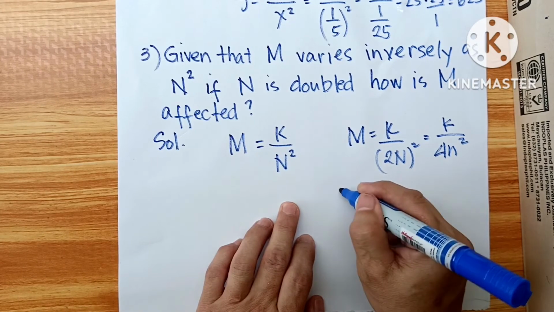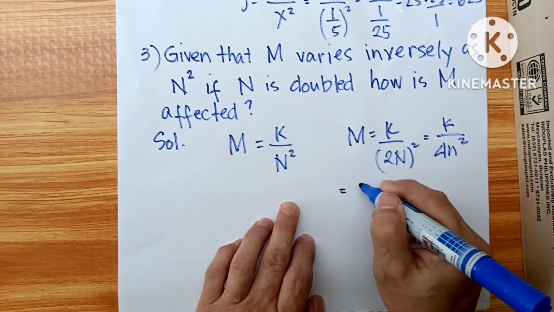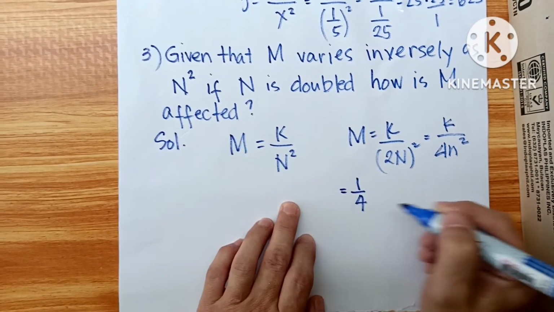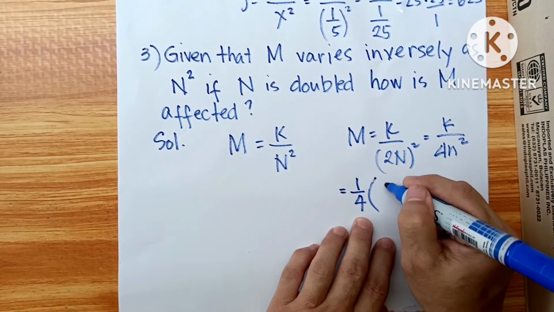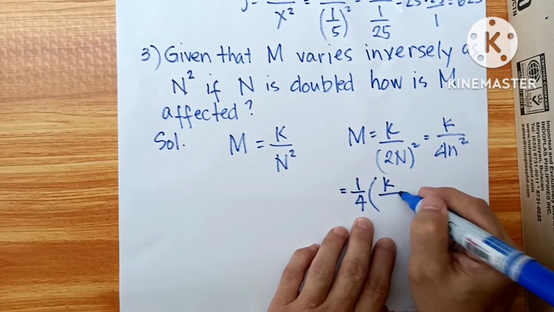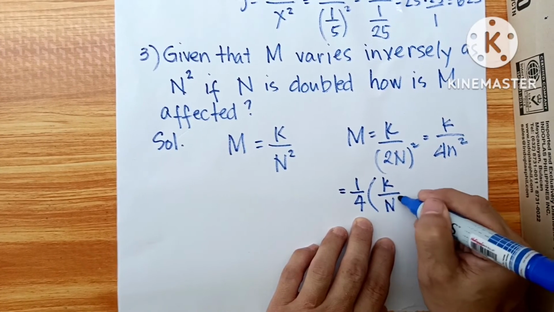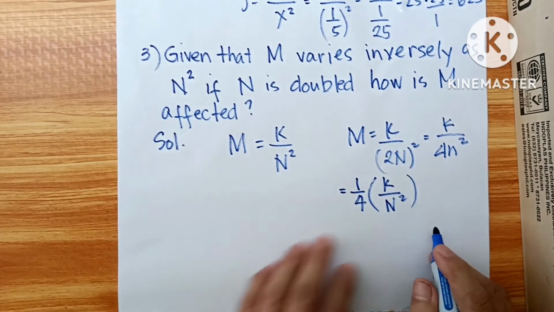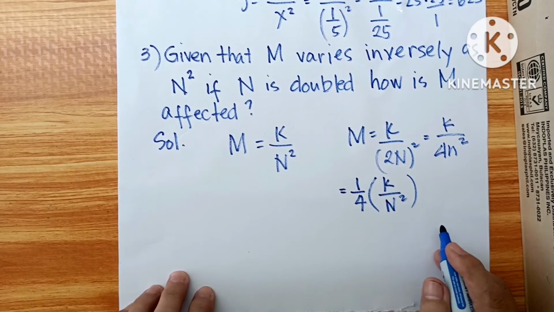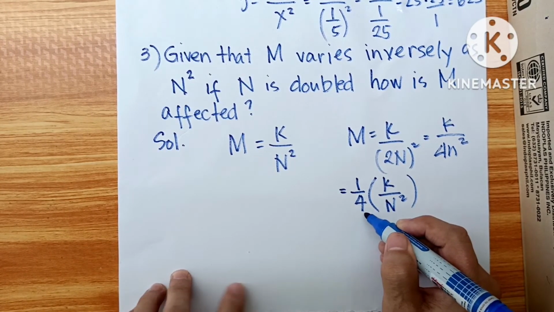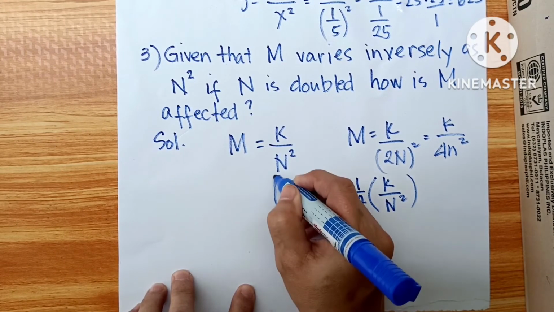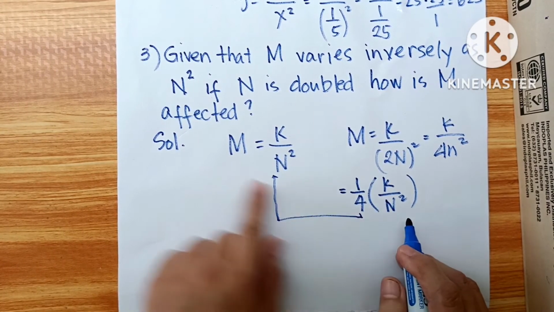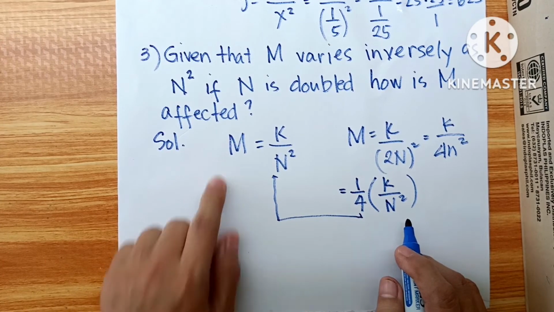Let us factor out 1/4. So that is equal to 1/4 of k over n squared. Now, the constant 1/4 here clearly shows that m becomes 1/4 of the original if n is doubled.